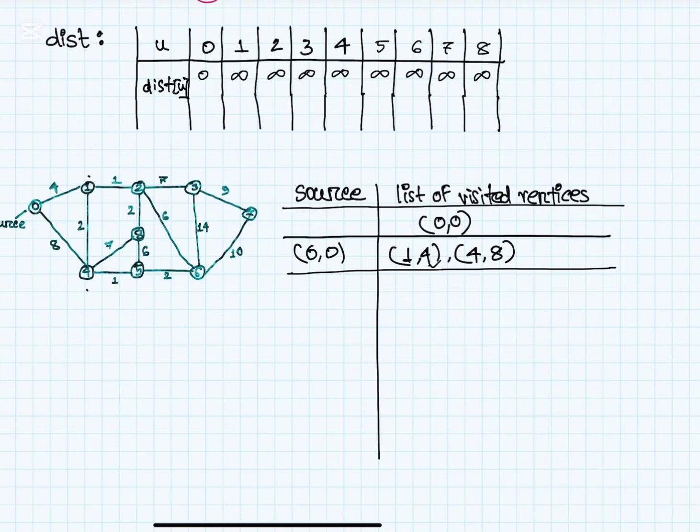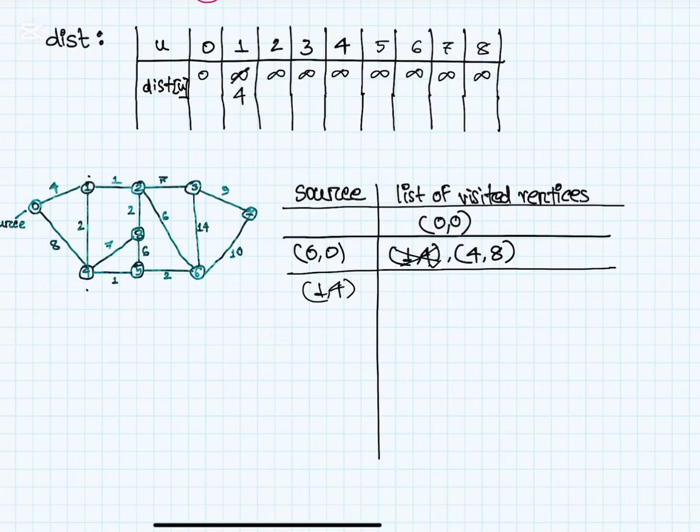So we'll choose this as our next source. So 1, 4. The distance of the new source will never be updated again since we already chose the smaller value. So in the dist array, now we'll change the distance of 1 to be 4.